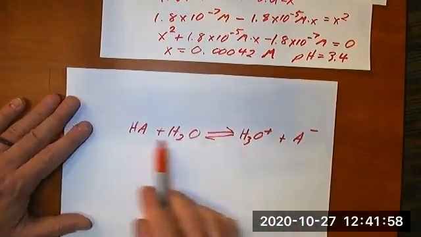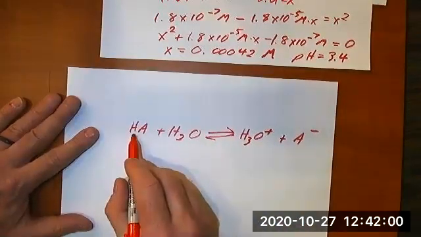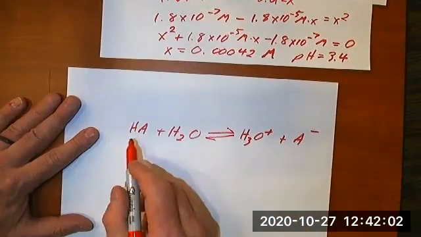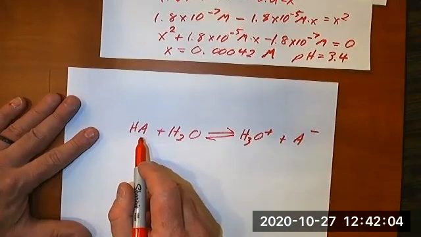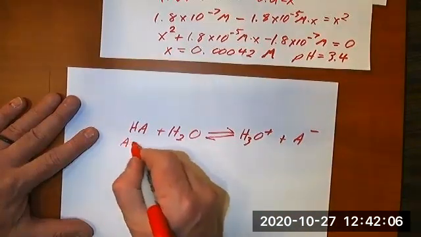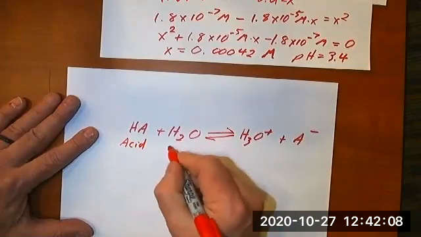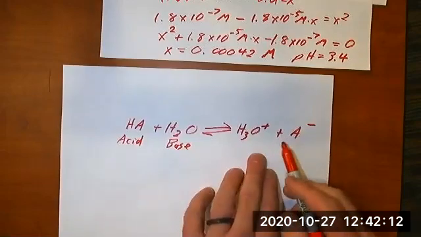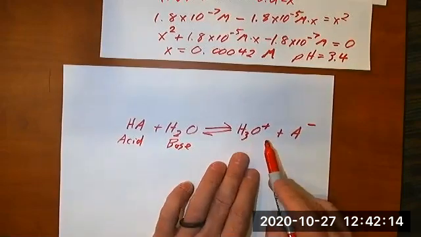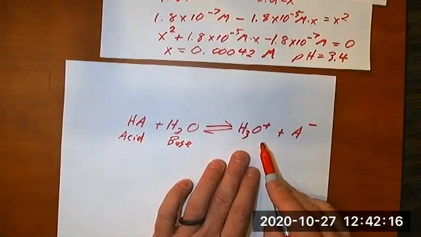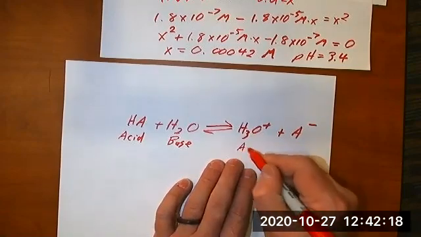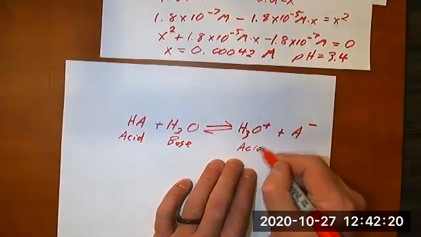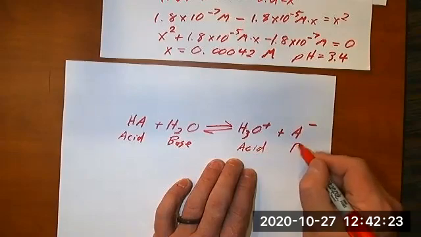In the forward reaction, the HA is what is donating a proton. This is our acid, and the water is our base. In the reverse reaction, the H3O plus is donating the proton. So for the reverse reaction, the H3O plus is our acid, and the A minus is our base.